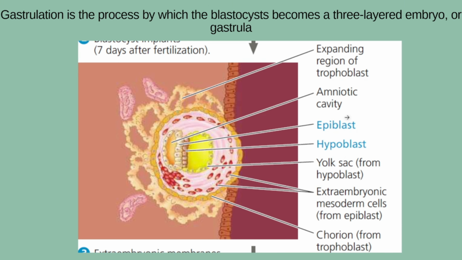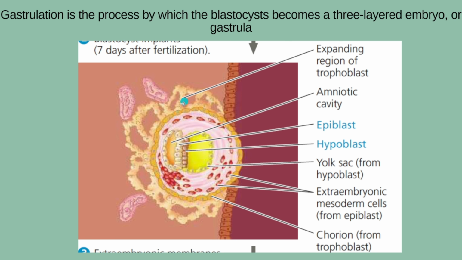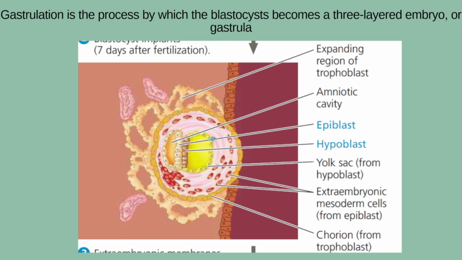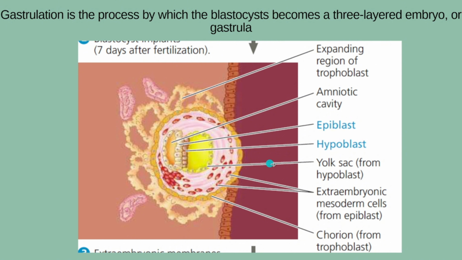How about the trophoblast? As I mentioned before, the trophoblast will form the chorion and also the amnion. The chorion and amnion, as I already mentioned, are extra-embryonic layers. These are the terms that you need to know.